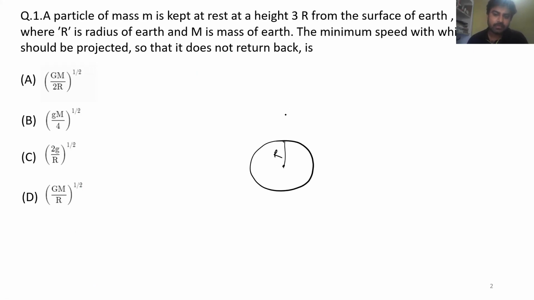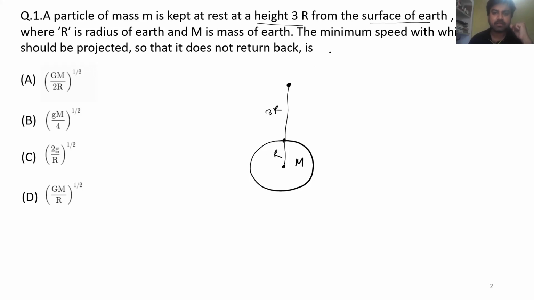From the center of the earth, at a height of 3r from the surface, that means from this point it is 3r. This particle is kept here, where r is the radius of earth and M is the mass of the earth.